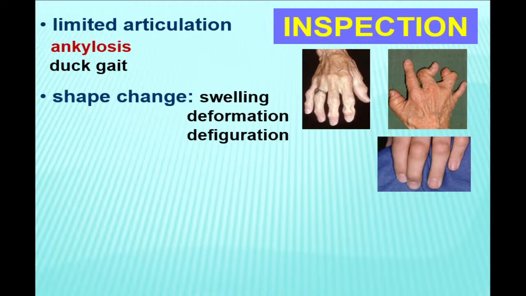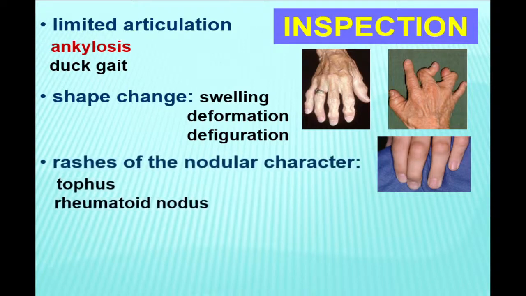More grave is the patient with deformation, when the activity of the joints decreases, and more significant if the process is characterized by defiguration. You see, this hand of the patient completely loses functional activity.